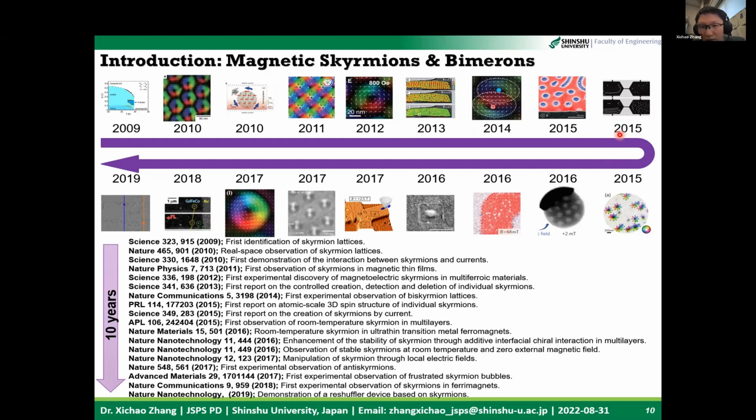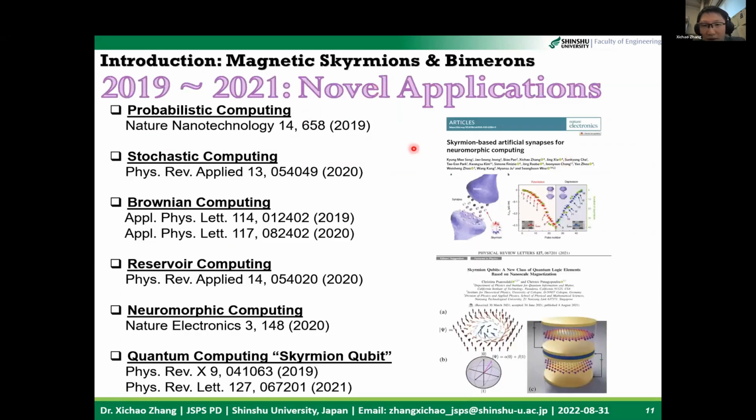Since 2015, the magnetic skyrmions have been realized at room temperature in magnetic multilayers, and in recent years, a number of device applications have been proposed based on skyrmions. For example, in the past 3 years, we can see many novel applications based on skyrmions have been proposed, most of which are about using skyrmions for computing, such as neuromorphic computing and even quantum computing.